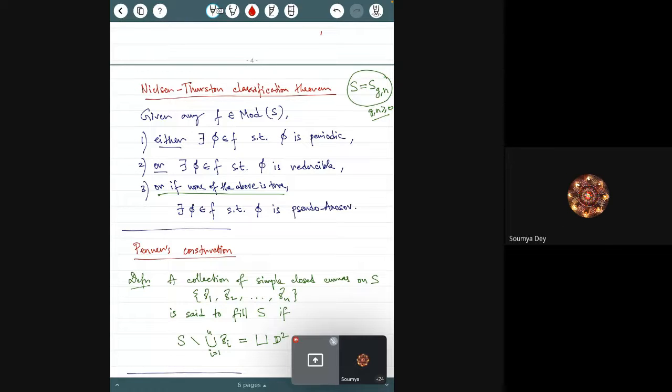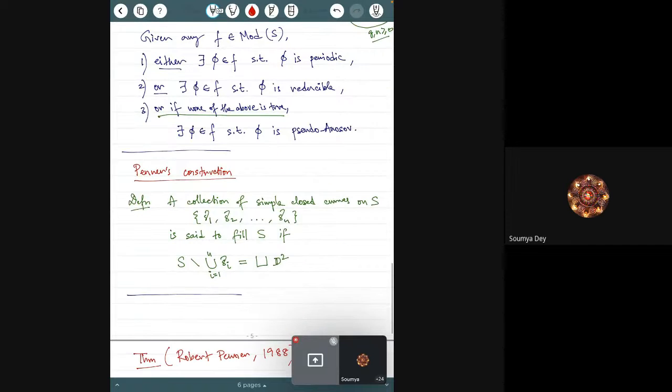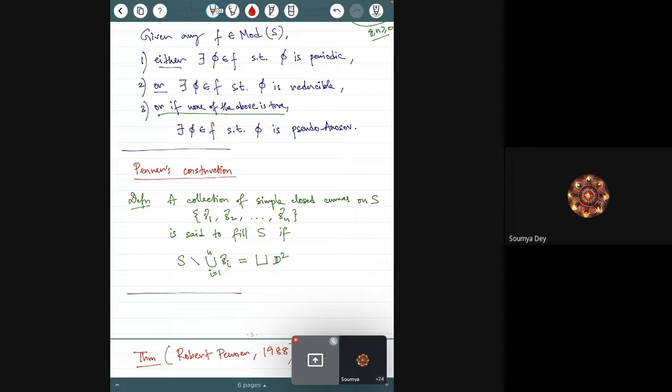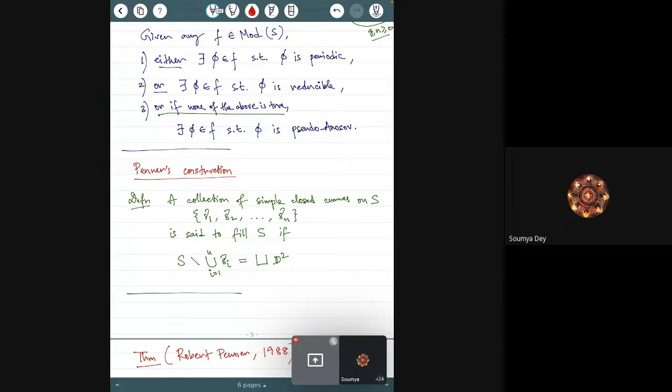Now let me give a way of constructing some examples of pseudo-Anosovs. Robert Penner in 1988 wrote a paper where he described a construction, a method to come up with some examples of pseudo-Anosov elements of some mapping class group.